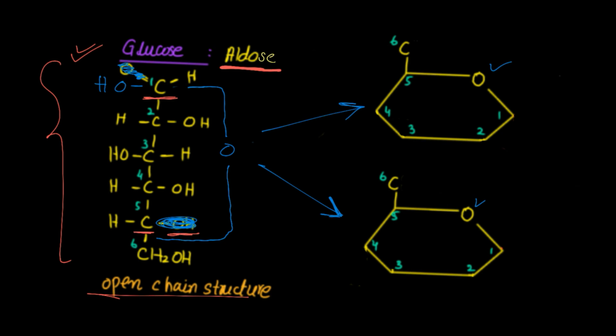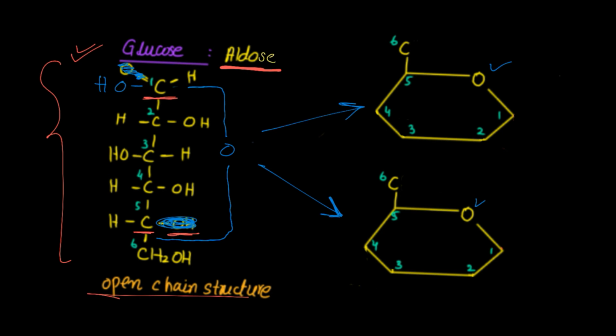Okay, the first rule of this is that everything on the right of the chain structure will come below the ring, and everything on the left side will come above the ring. Okay, except for this carbon 6 and its groups, and the carbon 1 having this hydroxyl group and this hydrogen. We'll come to that in a bit.